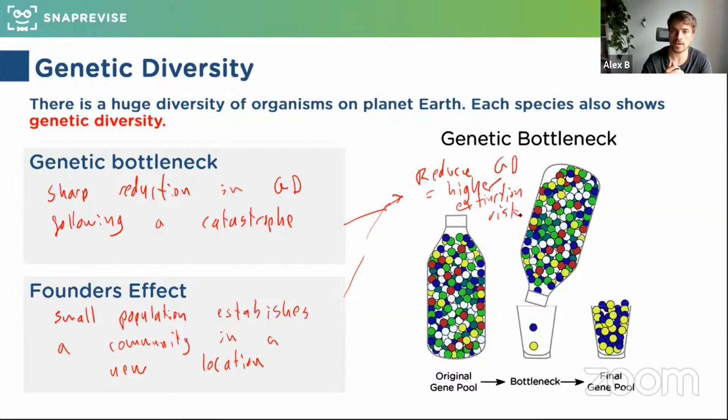Birds are quite good at colonizing new islands. Plants can get there from a coconut floating in the ocean, or the seeds can go in the air. So that's all examples of founder's effects. The more remote an island is, the lower the genetic diversity, because there's probably going to be fewer founding individuals.